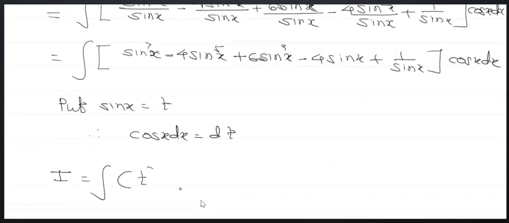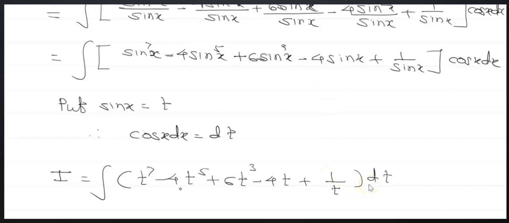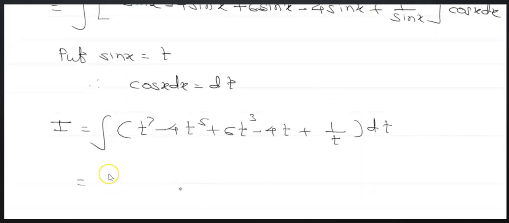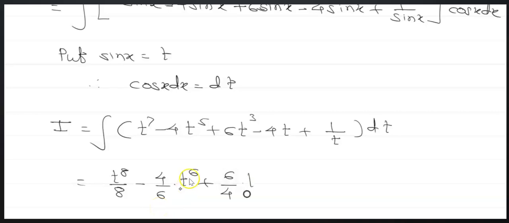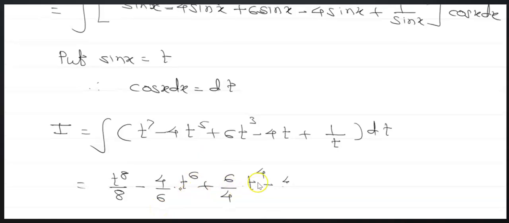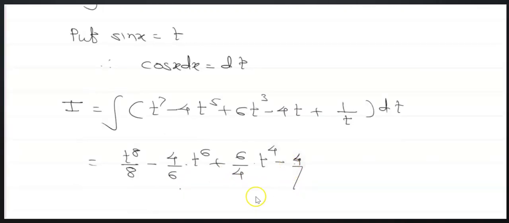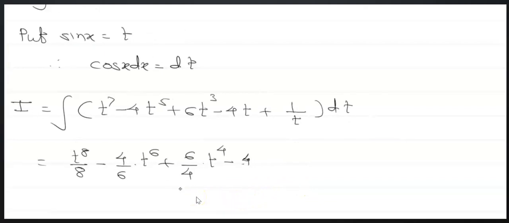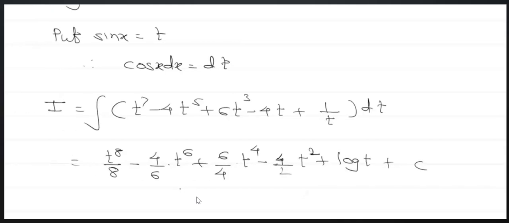Therefore, I is equal to the integral of t raised to 7 minus 4 t raised to 5 plus 6 t raised to 3 minus 4 t plus 1 upon t dt. Now integrating: t raised to 8 upon 8 minus 4 upon 6 t raised to 6 plus 6 upon 4 t raised to 4 minus 4 upon 2 t square plus log of t plus c.